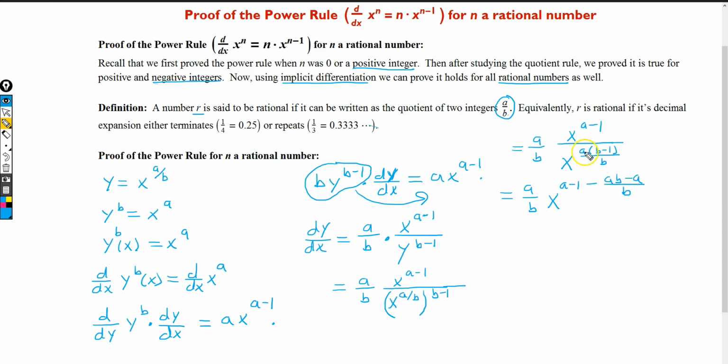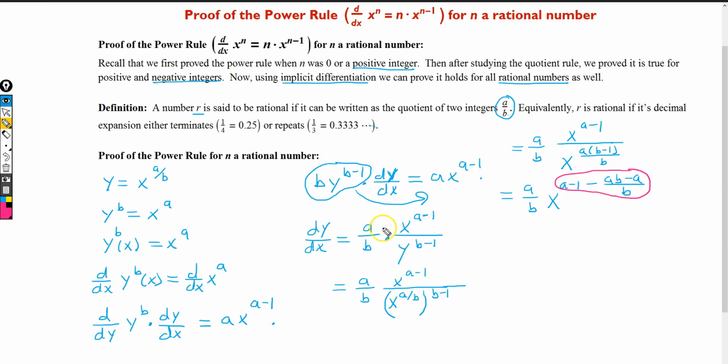Notice I distributed the a between the b and the 1, so we have ab minus a, minus this whole fraction. Now let's simplify this exponent, and we'll see that what we end up with is a divided by b, minus 1, and that will prove the power rule for a rational number.